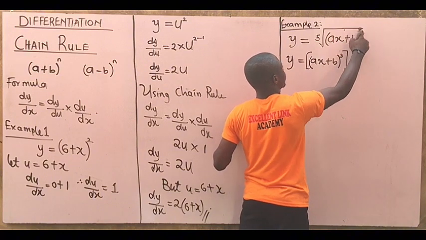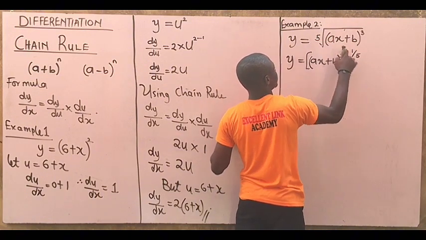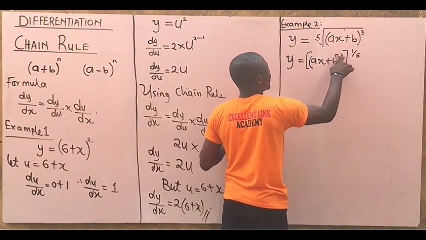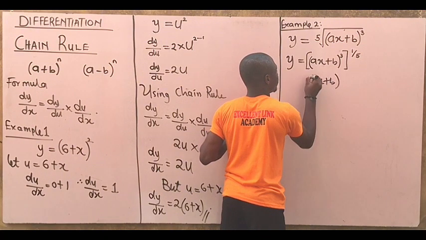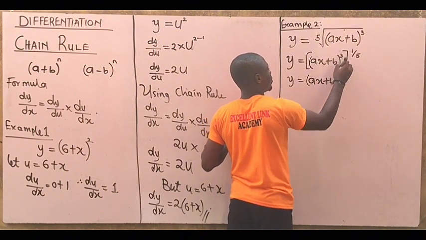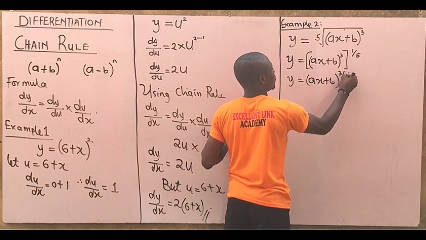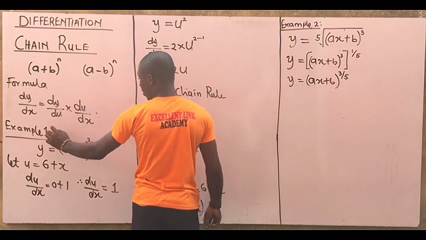This 1 over 5 is the one that forms the fifth root. Multiply 3 by 1 over 5, so y is equal to ax plus b, next up, 3 times 1 is 3, then over this 5.